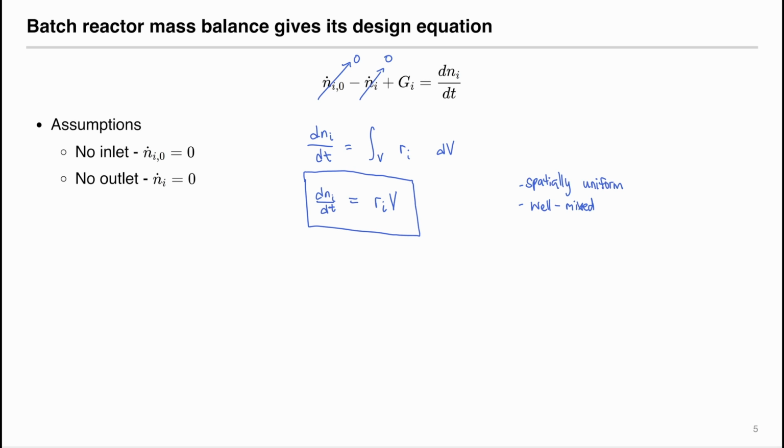If we have a constant volume reaction, then we can rearrange the equation so that we can solve for the rate of reaction. The rate of generation or reaction is equal to 1 over the volume multiplied by the accumulation.